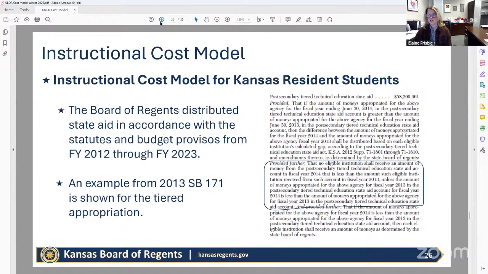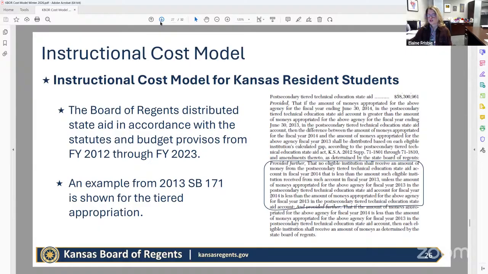And for many years, we had provisos in place that basically said, hold everybody steady. Don't try to account for big increases or decreases in enrollment. So we would have lengthy provisos and appropriation language that would basically say, hold everyone steady.